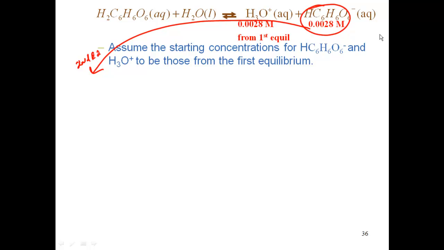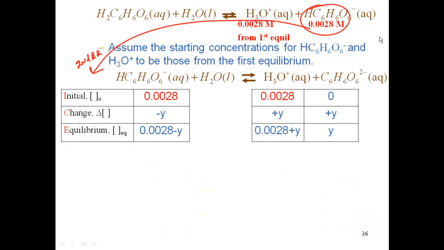So you write your reaction. You have your hydrogen absorbate ion plus water. We know by acid-base that this is going to donate the proton, which gives me hydronium ion and the absorbate ion, which is what we're trying to find.